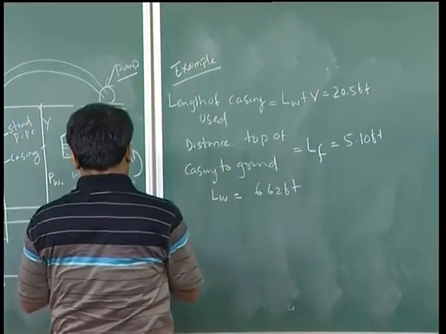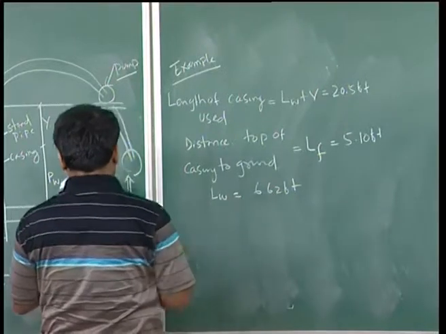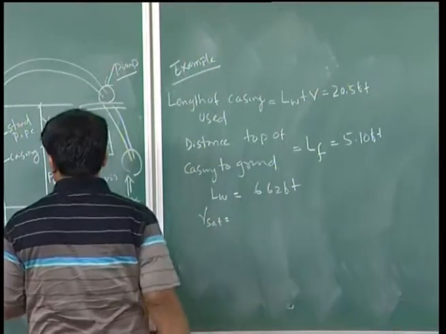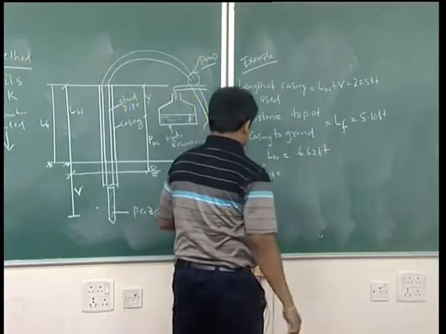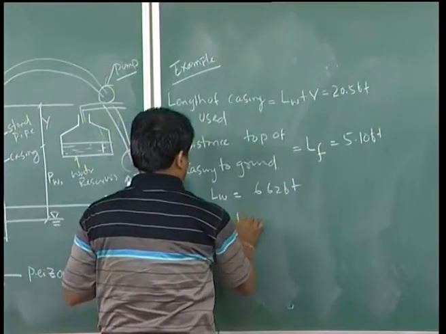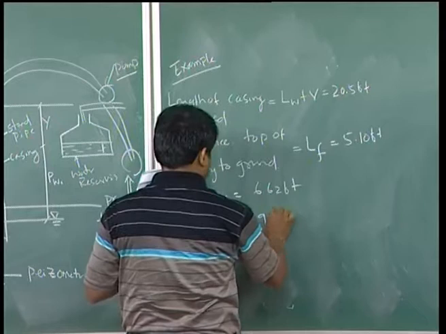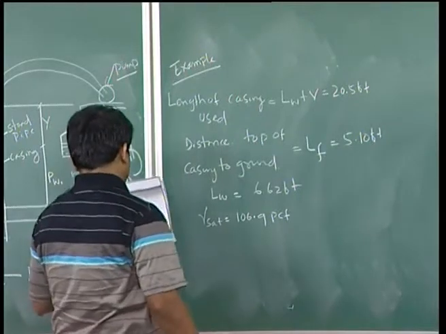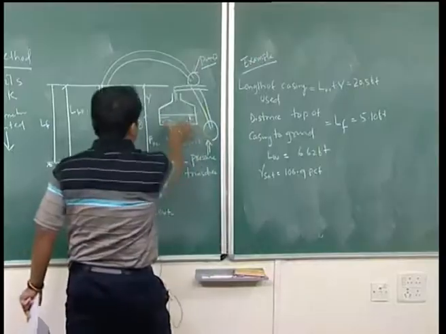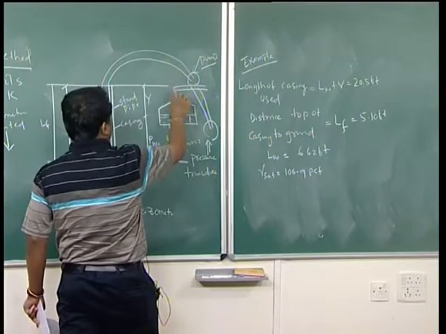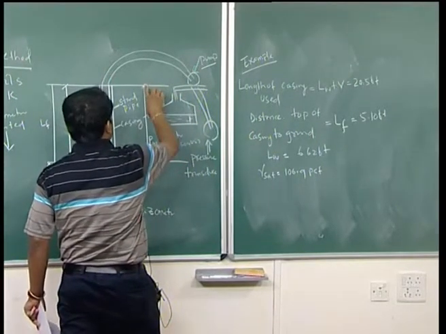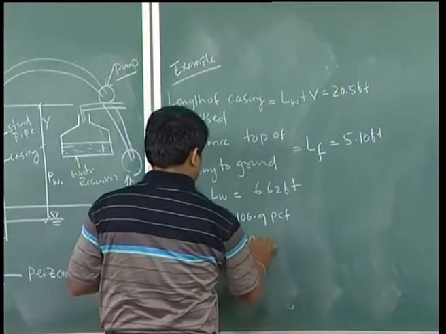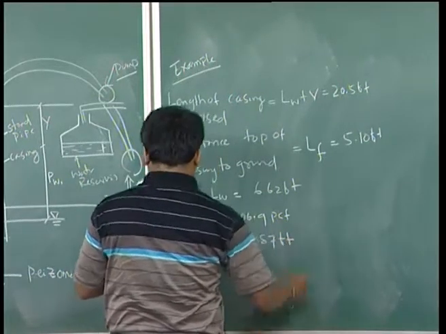Saturated unit weight of soil, assuming groundwater level at the ground surface. So, it will be gamma saturated unit weight of soil assuming water table is at ground surface, which is equal to 106.9 Pascal per cubic feet. Y is the water reservoir, where you keep this water reservoir with this distance, you can find out Y. Y is given 0.87 feet.